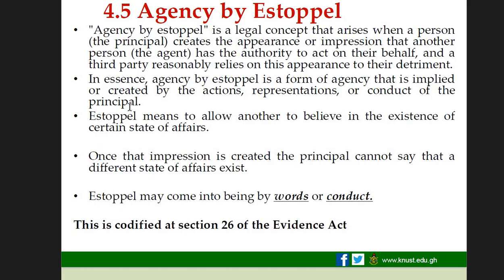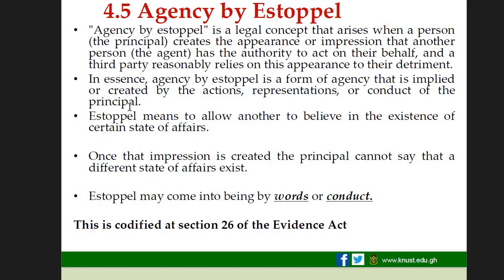That is why, before you go to an event to act on behalf of someone as an agent, you go with an official document from that person indicating that truly you have been taken to represent that person. That is what agency by estoppel is talking about.